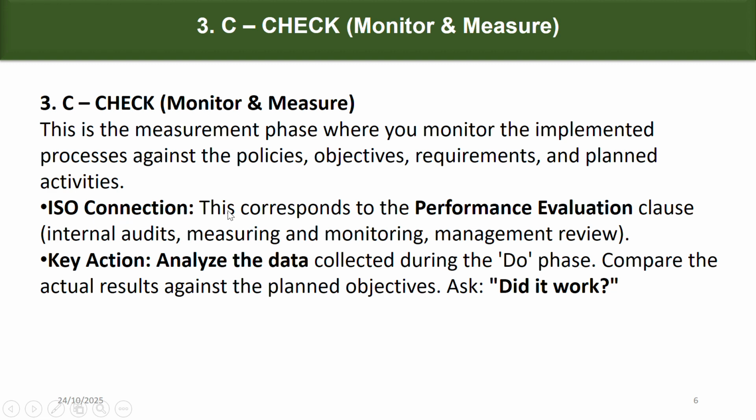The C corresponds to the performance evaluation clause: internal audits, measuring and monitoring, management review. So this is clause 9 of the ISO standard. In this we have general monitoring and measuring, then 9.2 is auditing, and 9.3 is management review.